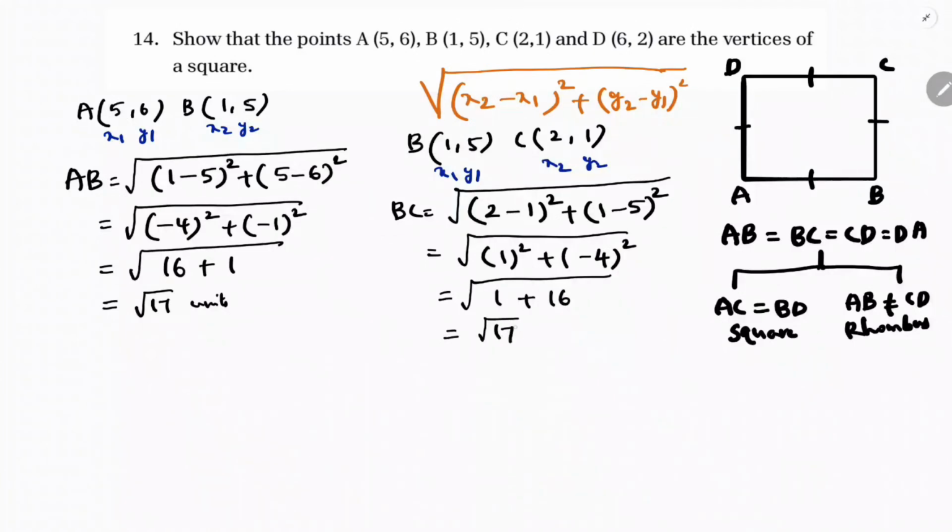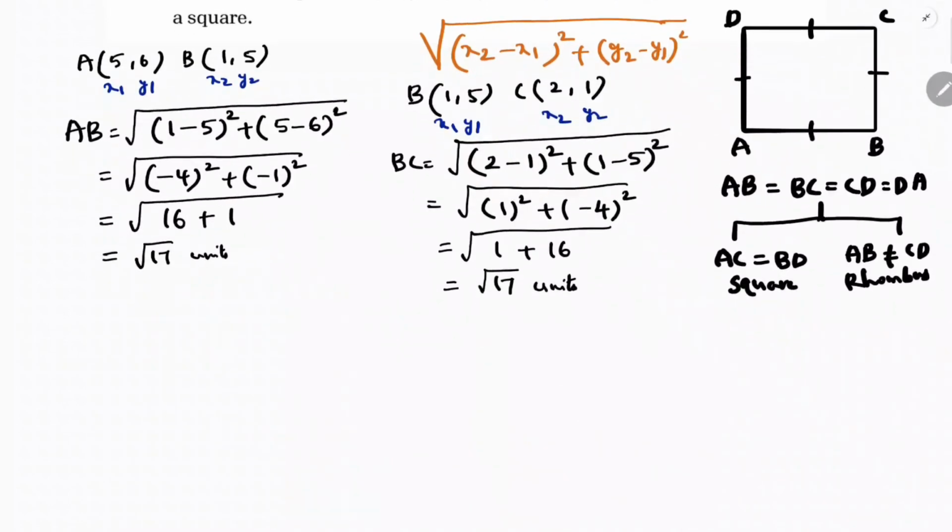So BC is root 17 units. Next, after AB and BC, I'll find CD.